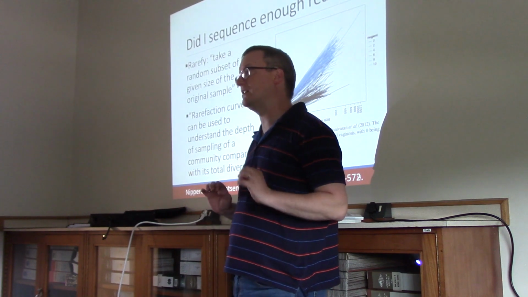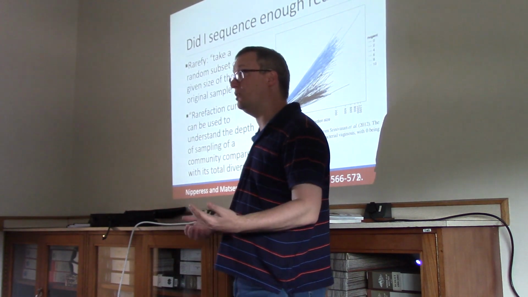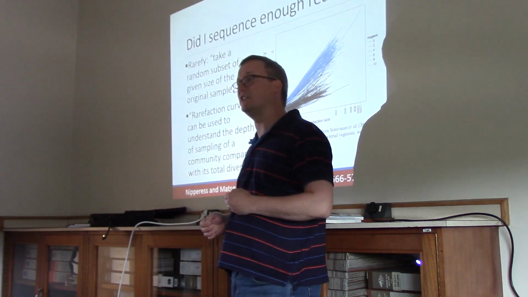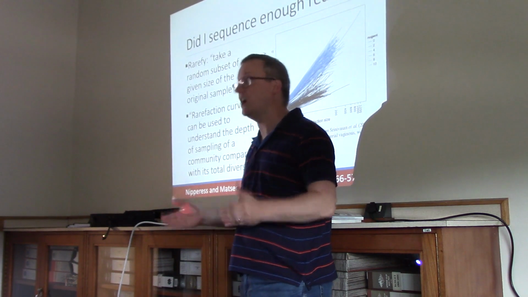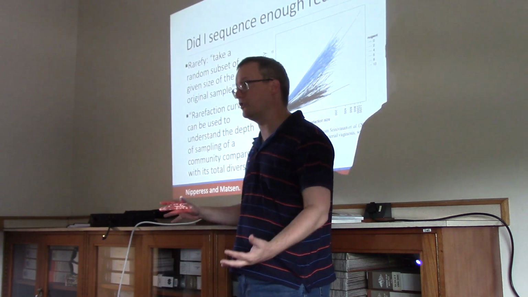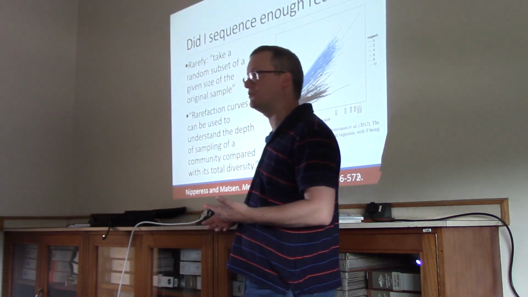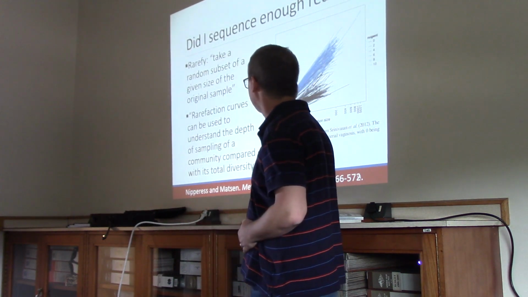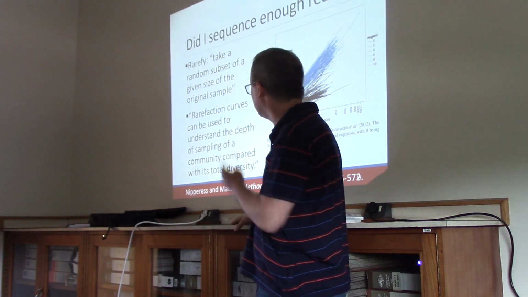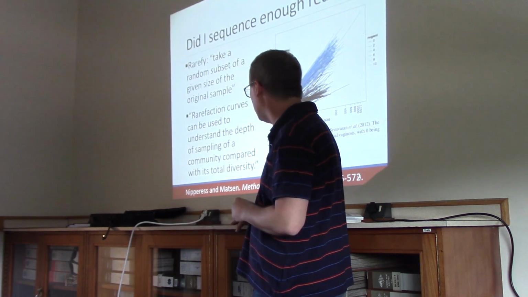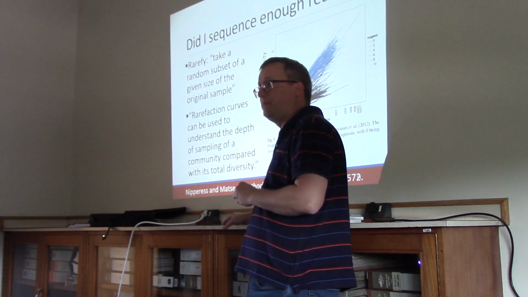It suggests that which subset of the reads you pull is going to have a huge effect on the OTUs. If you have a truly comprehensive sequencing collection, that shouldn't happen. You should be getting roughly the same OTUs back in each of those cases. So they're used for understanding the depth of sampling of a community compared with its total diversity.